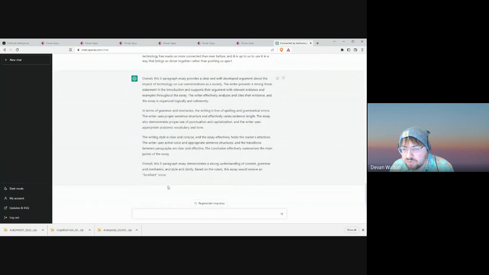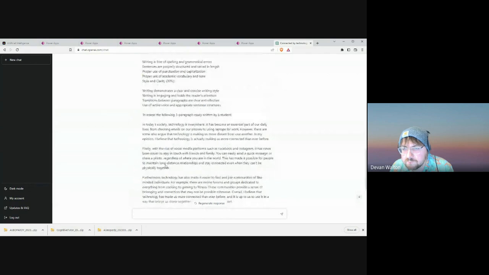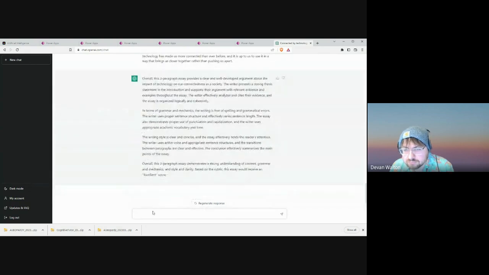So it's given kind of a written analysis, giving it an excellent score. You can tell it to rewrite to give a points breakdown for each of the rubric categories.